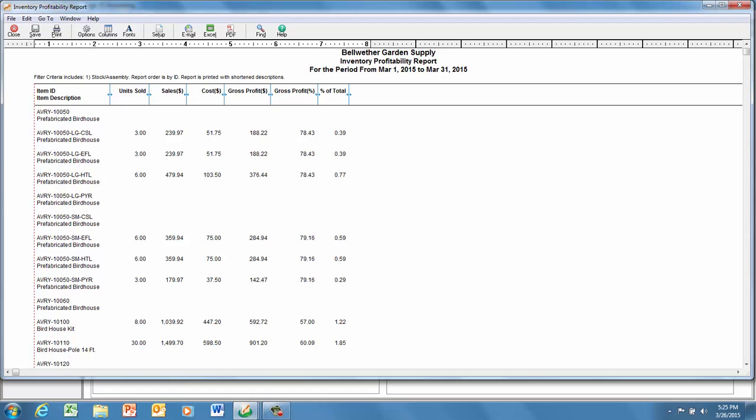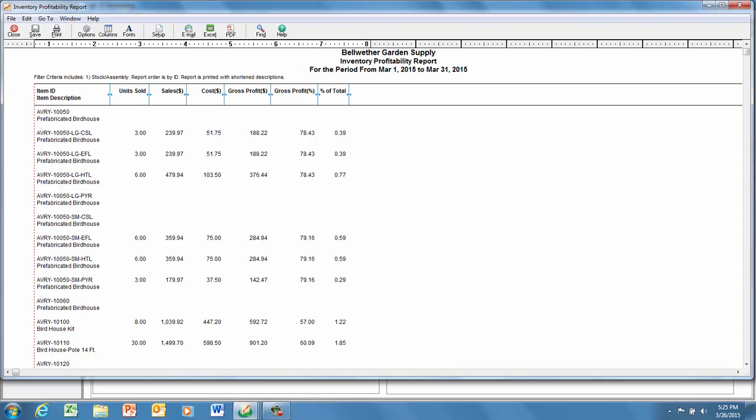Remember our gross profit formula: sales minus the cost of goods sold is our gross profit. The gross profit percentage is calculated by taking the gross profit and dividing it by the sales.